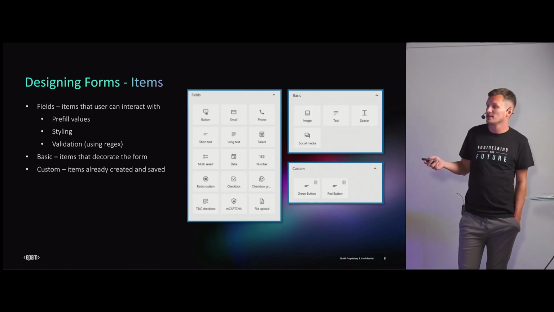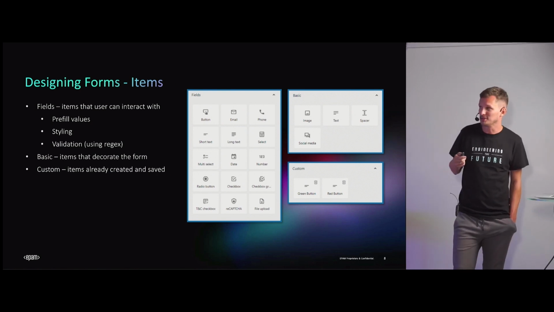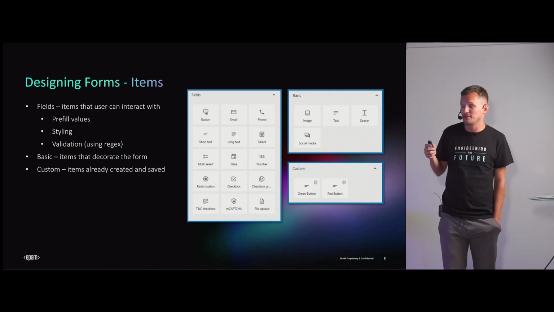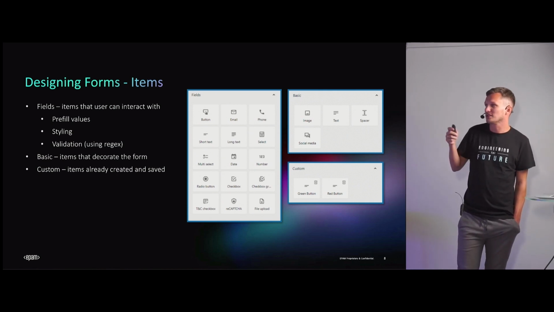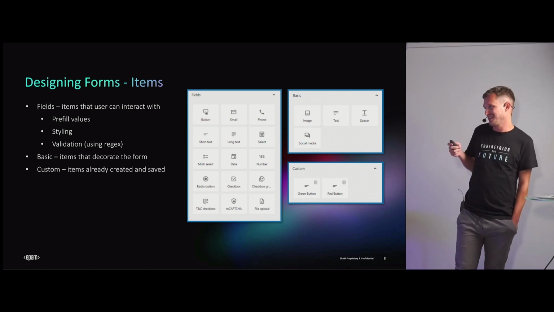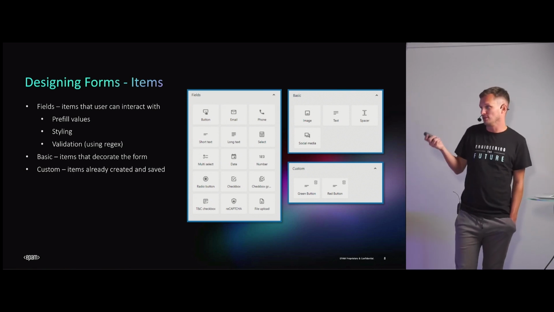Okay, so assuming we have the layout, we'd like to put some content there, right? So there are 3 types of fields actually. They are called items, but please do not confuse them with Sitecore items. The name is just confusing. These are basically the elements of the form that you can put on the form, right?